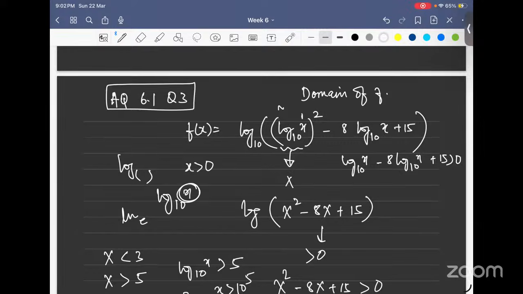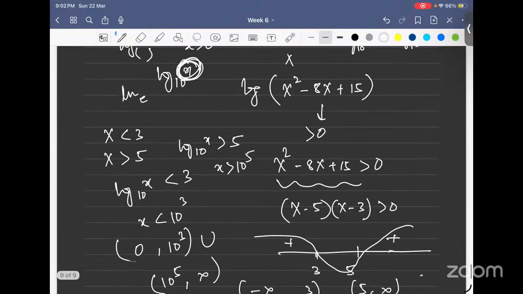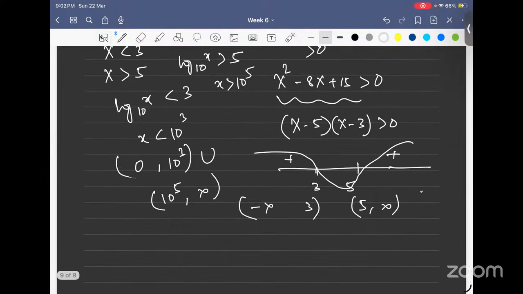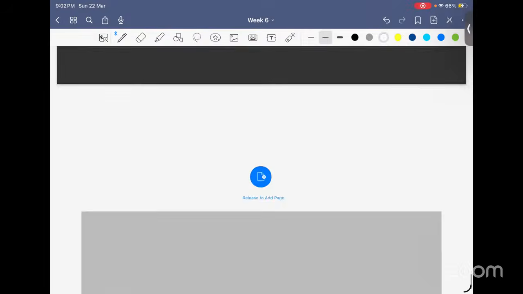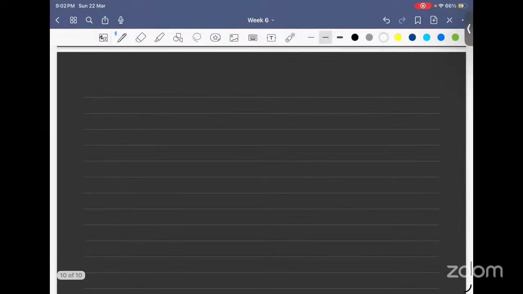So for this also the domain x should be greater than 0, right? X can't take anything less than 0. So the correct answer should be this one. Is this clear to everyone? Yes, sir. Thank you, sir. Okay, let's try to solve this.